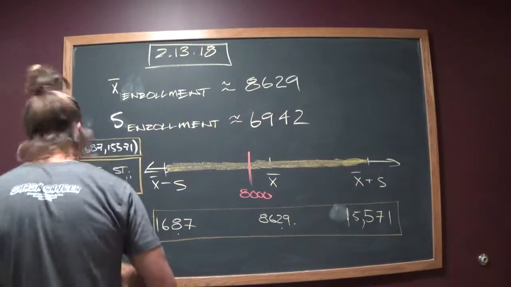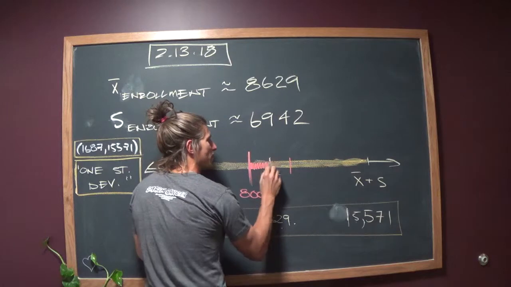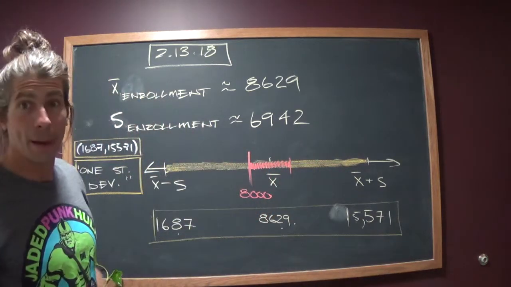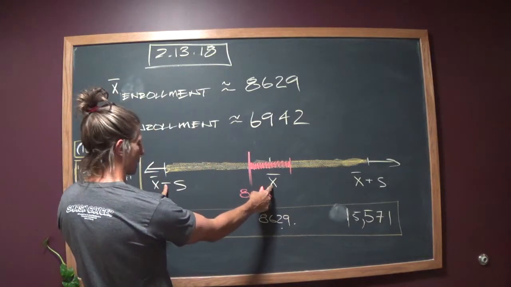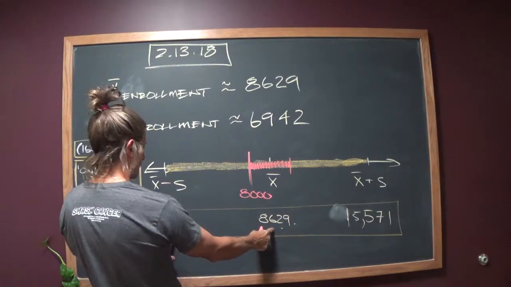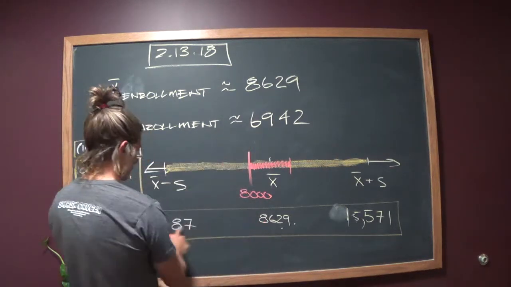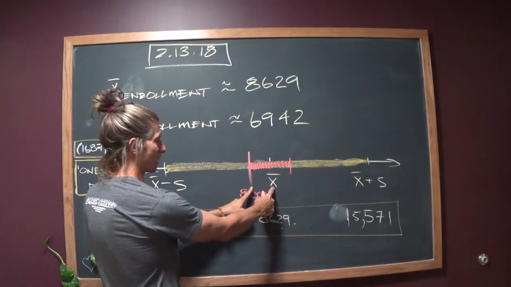So this question is essentially asking us, if we were to construct this region right here, how many standard deviations is that? Well, think about it. From here down to here was one standard deviation, which was a distance of 6,942. Ask ourselves this, what's the distance here?